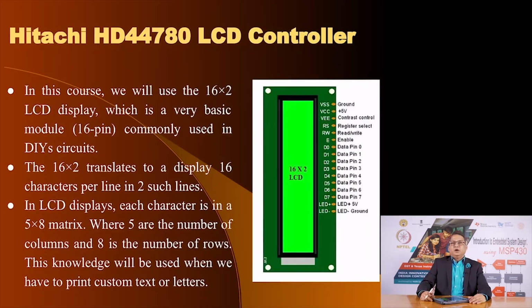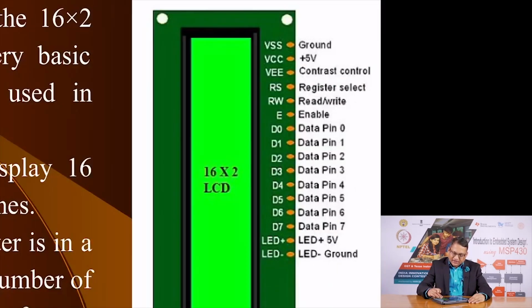Now, one could create a mechanism for connecting such a display to a microcontroller, and the most common interface for connecting such a display to a microcontroller is what is called the Hitachi HD44780 LCD controller. This has become a de facto standard for character LCD displays, which span the entire range from 8x1 to 20x4. It has a common interface as we see here.